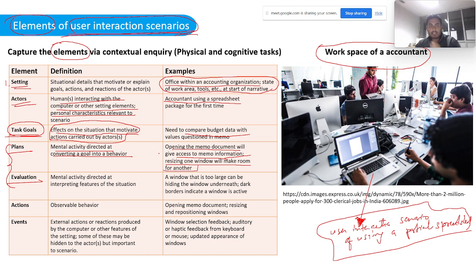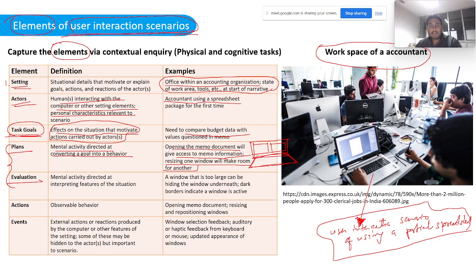Basically, when he tries to compare two different budget data, he tries to keep two spreadsheets by resizing them within the same LCD space, the same monitor space.